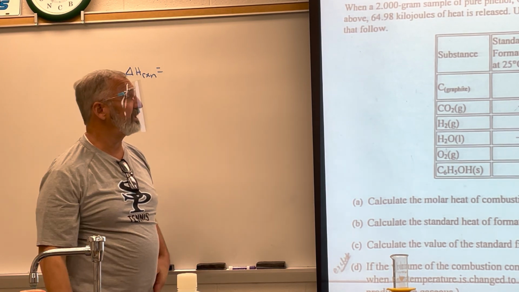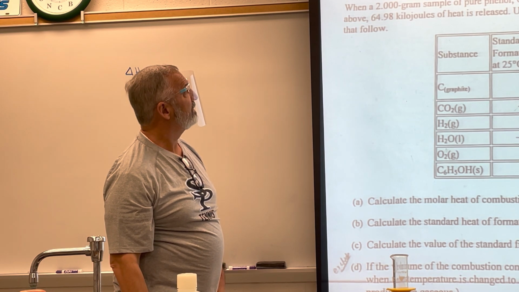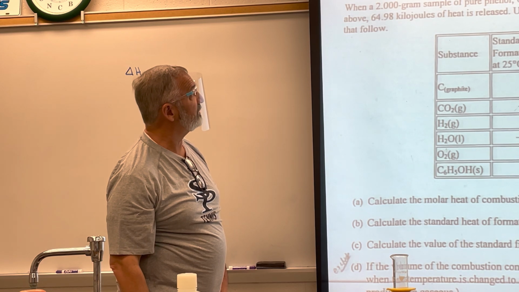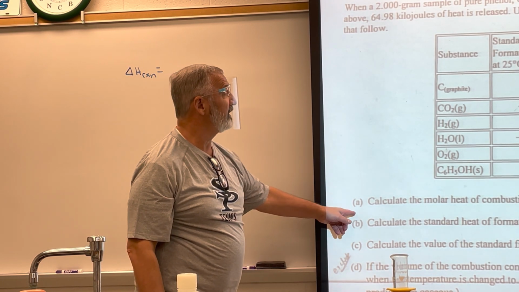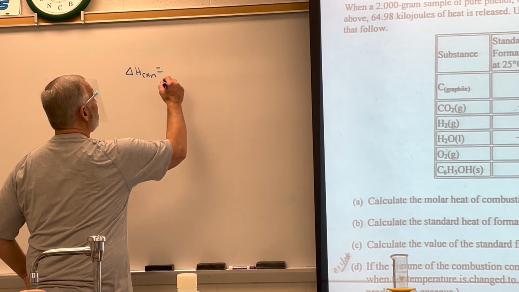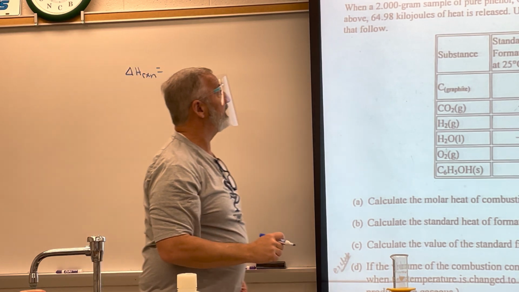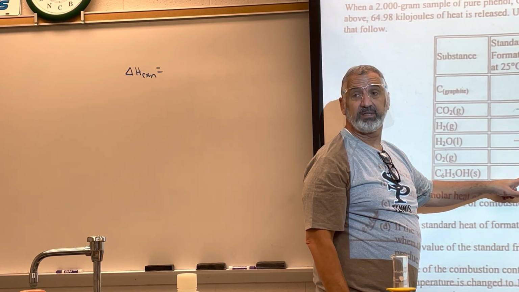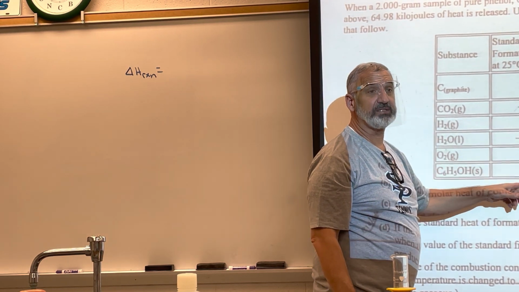No, we don't do products minus reactants on this one. Well, technically we could, but to get the molar heat we don't have to. And we can't do that because we don't have this value right here. We would have to have this in order to do products minus reactants.